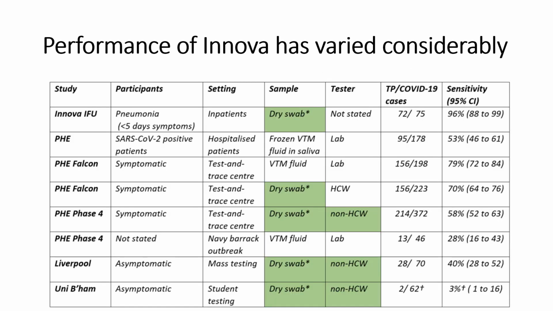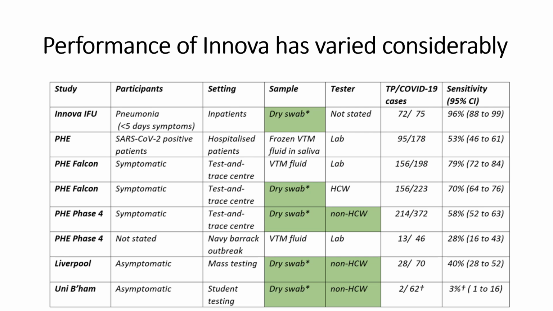And if we look at our lateral flow test, INNOVA, this is the set of data, the studies we have of how well this test works. And you can see from the participants we've gone through from initially getting data from symptomatic people down to asymptomatic testing in students or in the Liverpool mass testing pilot.